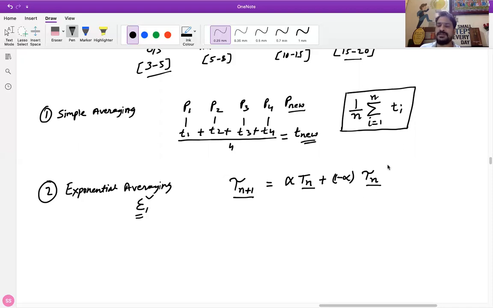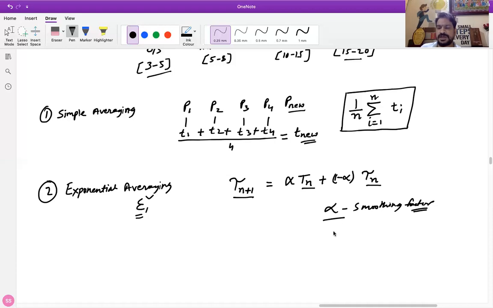Let's say previously we used this formula for predicting the previous process, but we got the actual time also, and the predicted one. If we know these two, then we can calculate the next predicted burst time of the next process. Here alpha is the smoothing factor. Now what is a smoothing factor?